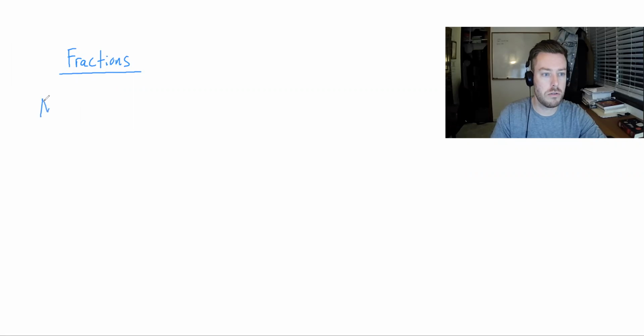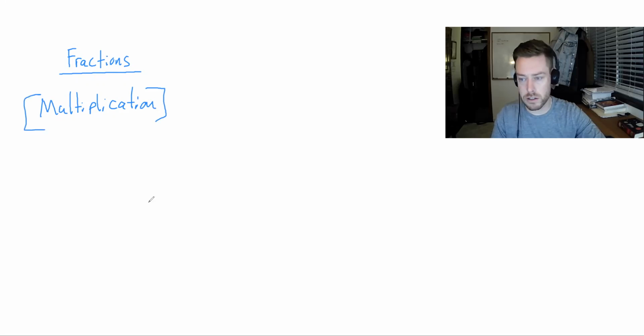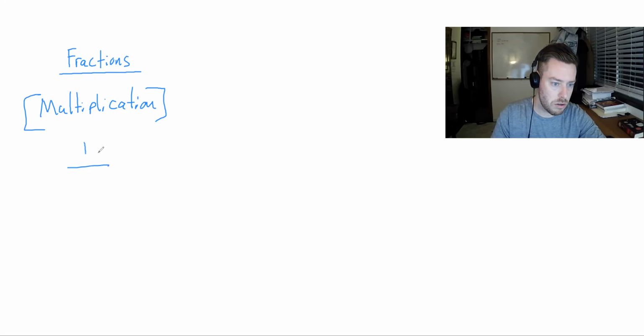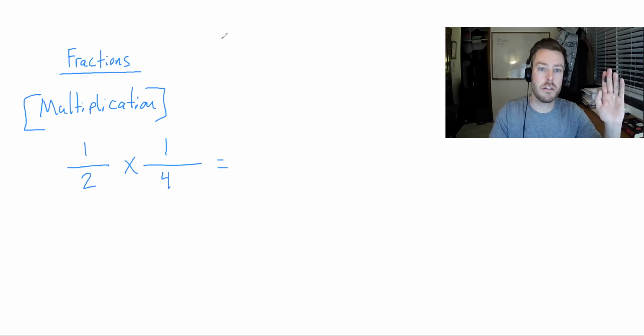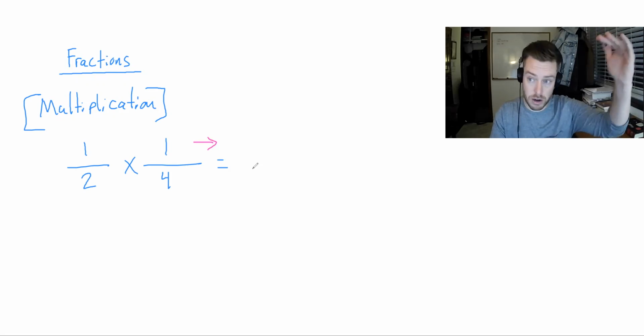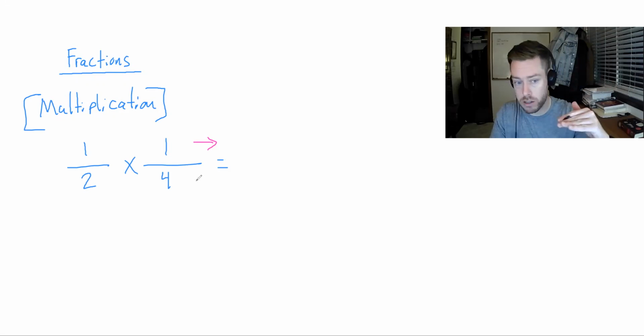So let's just do multiplication. Multiplying fractions. Let's take any two fractions here. Let's just do 1/2 times 1/4. We want to know what this is equal to. The nice thing about multiplying fractions, whatever the numbers are, you multiply across in the numerator, the top, and you multiply across in the denominator, the bottom, right?